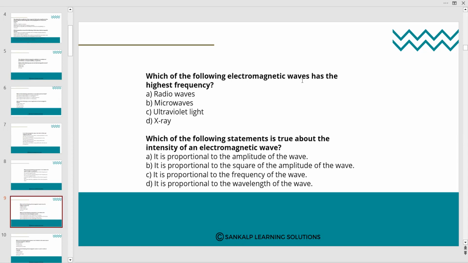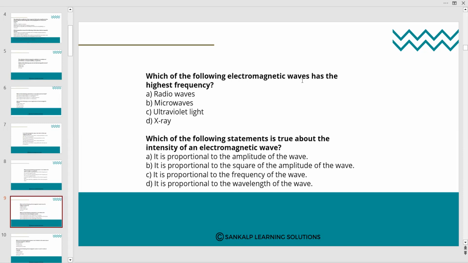Radio waves have the lowest frequencies. So in the given options, we can choose X-rays because gamma rays are not there.